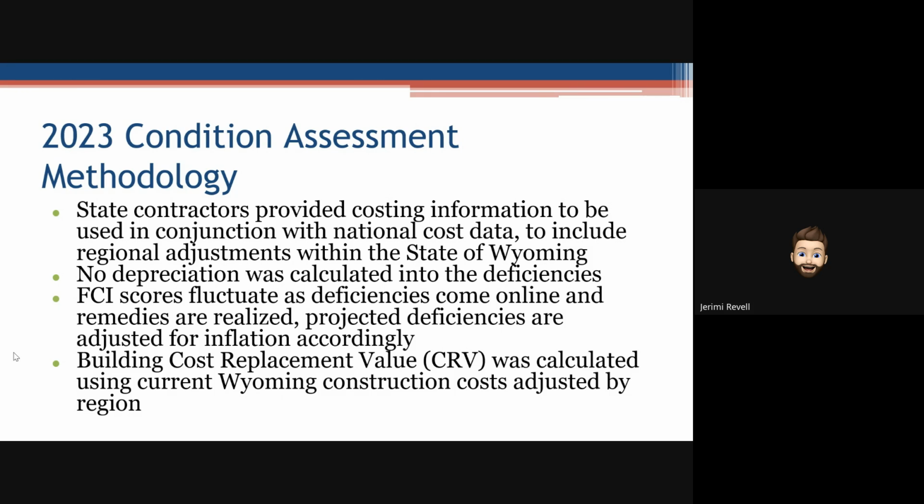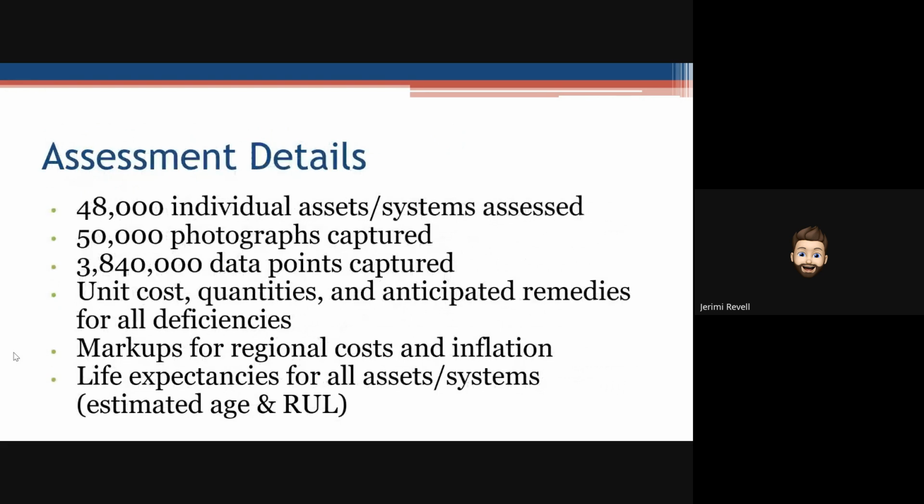And we built all the values of the deficiencies based on those numbers that we got back from the contractors, in addition to the building cost replacement value, which I believe aligns very well with some of the bids that we've been receiving since that condition assessment was performed.